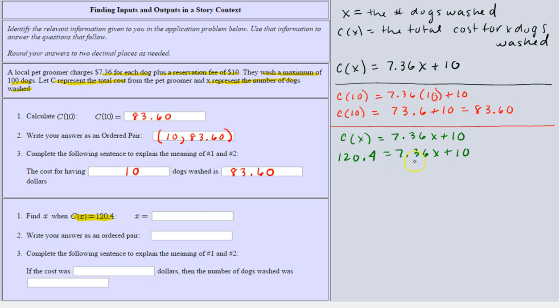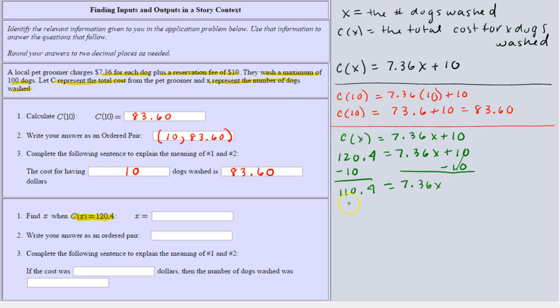Now we need to solve this equation for X. And as we do this, let's think about what it means in the context of the problem. The $10 was the reservation fee, so let's subtract that from the total cost. Subtract that on both sides. 110.40 equals 7.36x. These cancel.